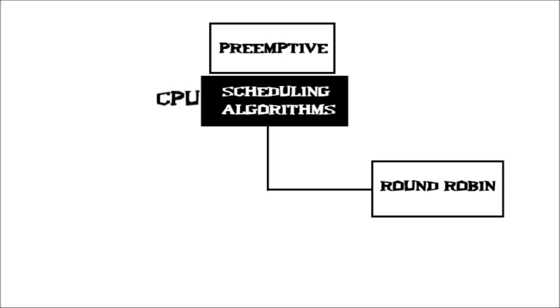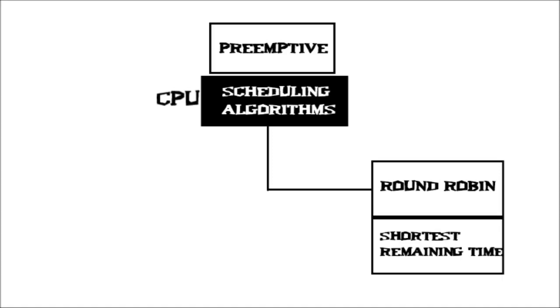After one iteration through all the processes, the same steps take place, from the first process again. This loop continues until all processes have finished execution. Shortest remaining time. In SRT, a process in execution is preempted after a fixed time of execution, and the process with the shortest remaining time of execution is given access to the CPU.